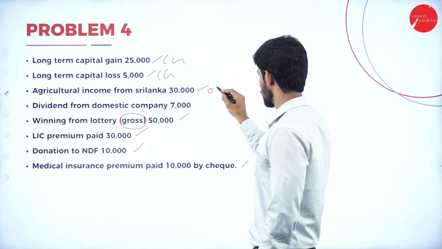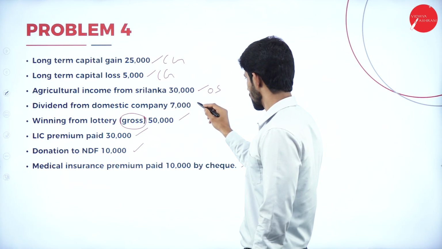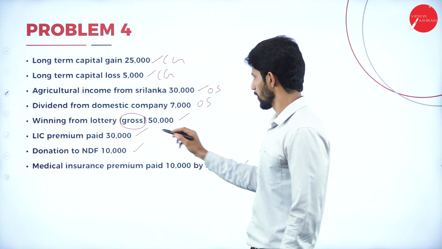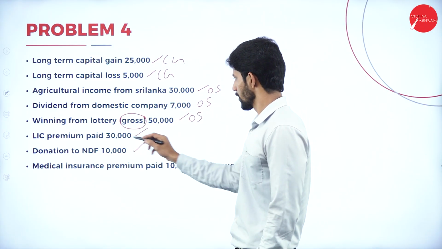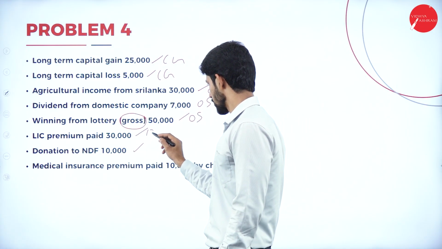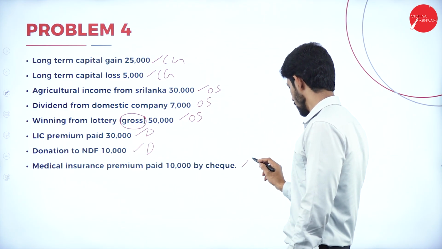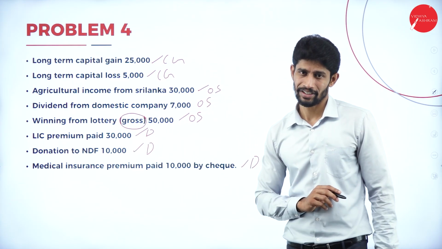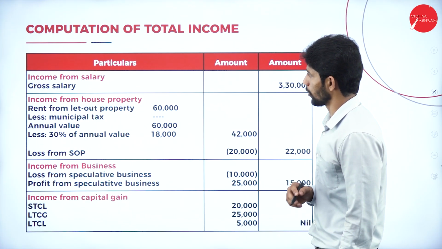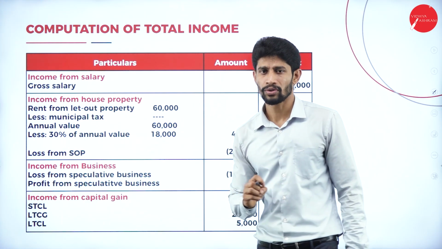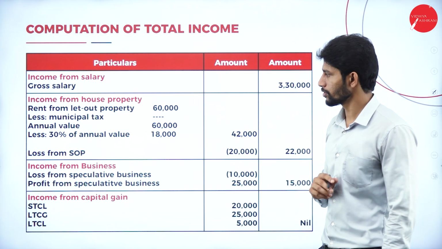Agricultural income, dividend from domestic company and winning from lottery relate to other sources. LIC premium, donation and medical insurance premium relate to deduction. So moving to solve the problem, computation of total income, particulars, amount.